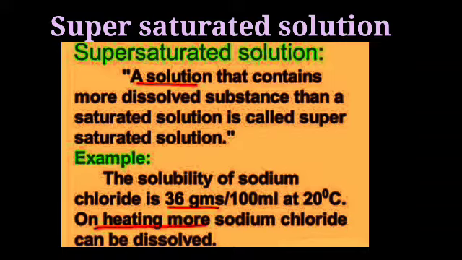Yes, my dear student, in 100 ml water you can add only 36 gram salt at 20 degrees Celsius, but on heating you can add more salt in it. It means supersaturated solution is formed on heating only. When we heat, we can add more solute in it, then it becomes supersaturated solution.